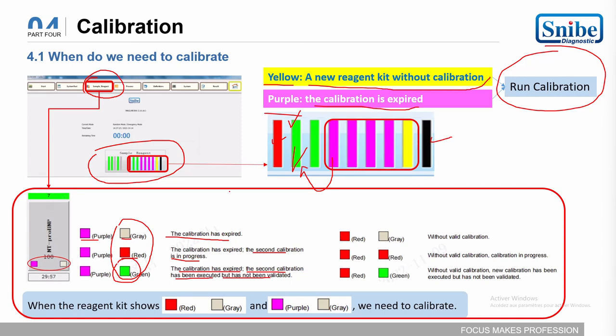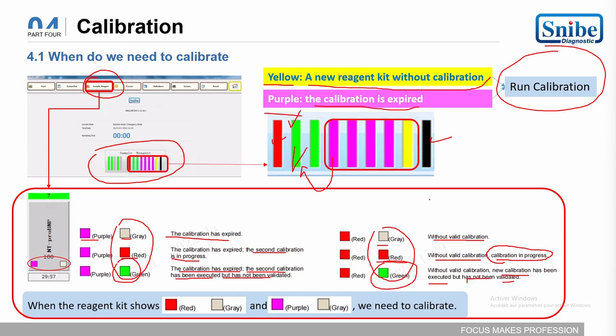This purple one will turn to the green color. And also if we have red color on the left square, and on the right square we have the gray color, it means without valid calibration. If the right one is also red, without valid calibration, but there is a calibration in progress, not finished. If the right one is green, then without calibration, a new calibration executed and finished, but not yet validated.